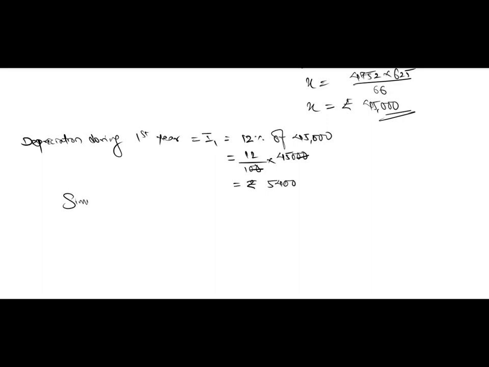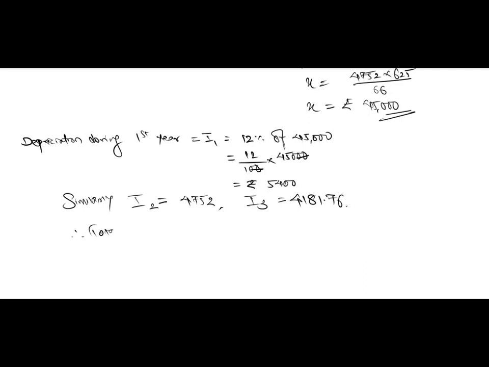Similarly, we know the depreciation during the second year, 4752. Also the depreciation during the third year. Depreciation during the third year was how much? 4181.76. So this is the total depreciation.